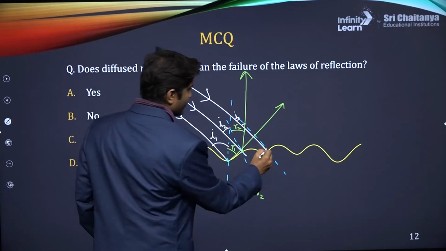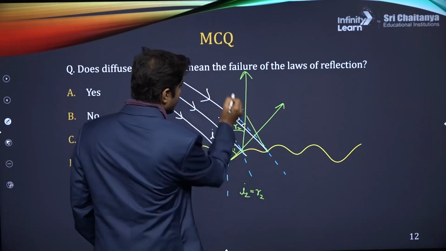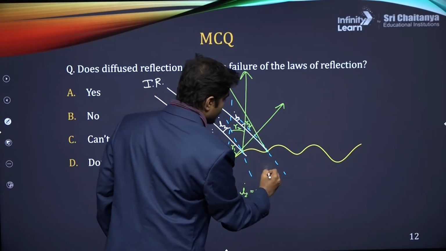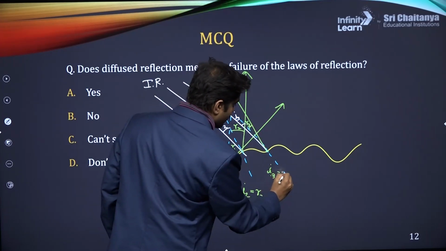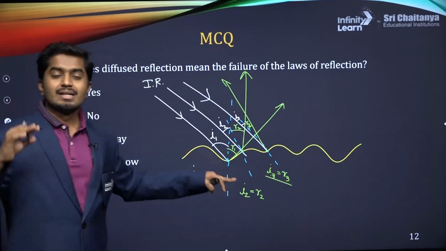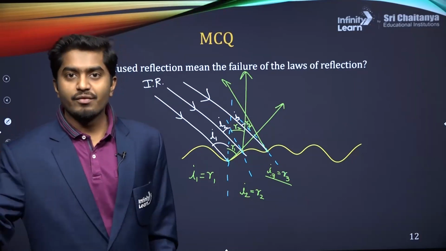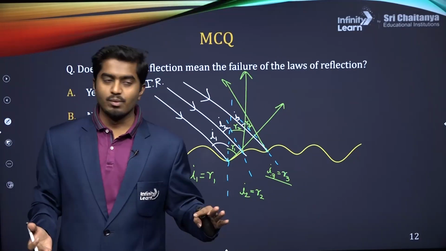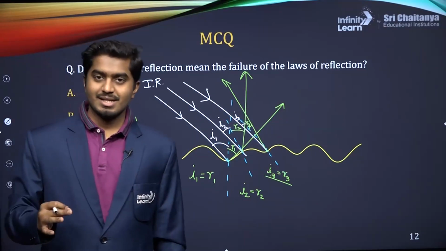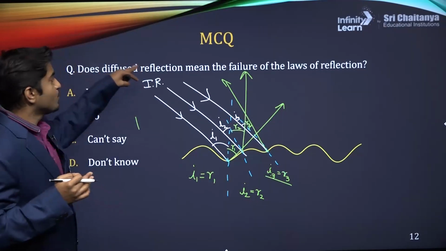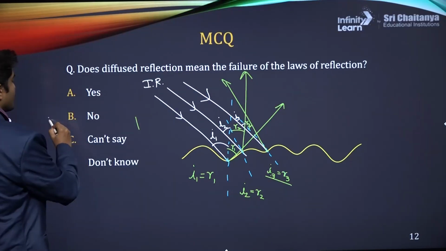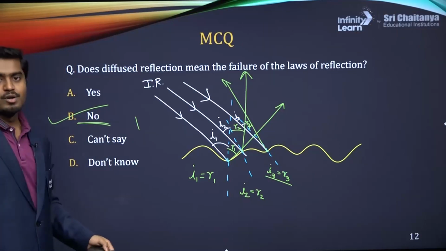Here, this would be your third reflected ray, R3. So I3 is equal to R3. So at every point, the angle of reflection and angle of incidence are always going to be equal, and they are within the same plane of incidence. So does diffuse reflection mean failure of the laws of reflection? The answer is no. That would be your correct answer.